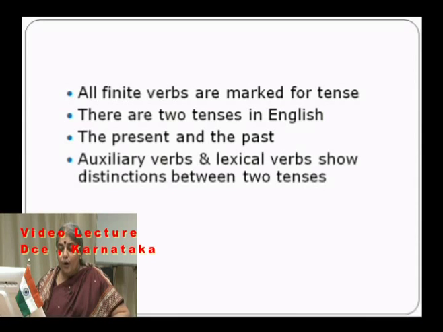I said auxiliary verbs and lexical verbs show the distinctions between the two tenses. If there are no auxiliary verbs, then it is a lexical verb that shows the distinction. If there are no lexical verbs, then it is the auxiliary verb that shows the distinction.